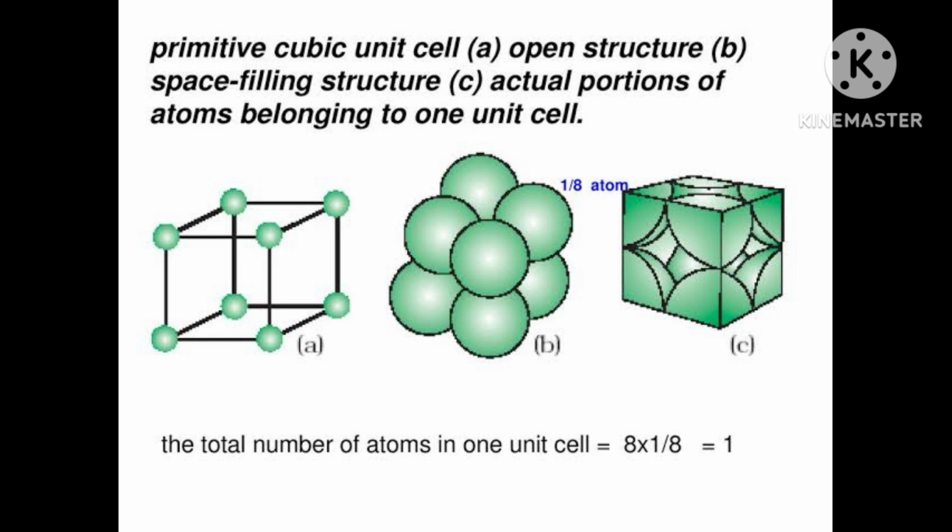Then these three types of cubic structure I have told you. And here one more thing I want to highlight, because that is very conceptual and you have to think about it. What is that? If all the spheres, this 4 up and 4 down, if we keep all spheres 4 up and 4 down, then what will you see?